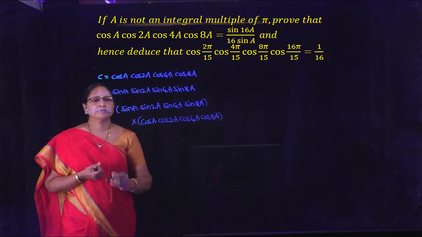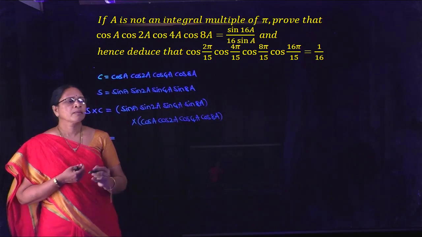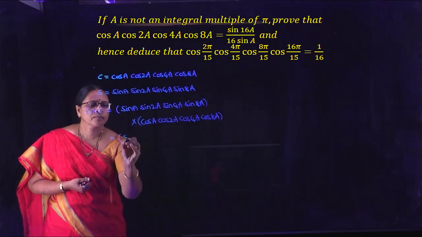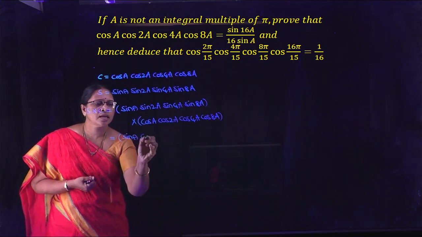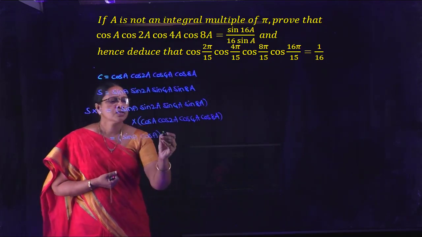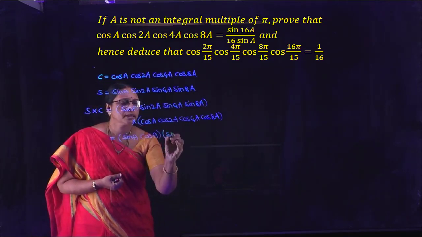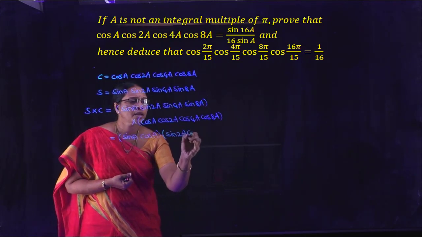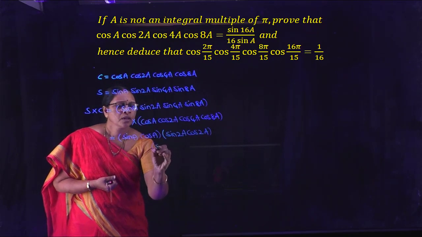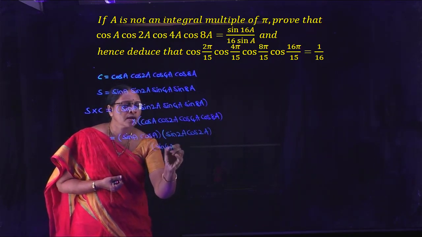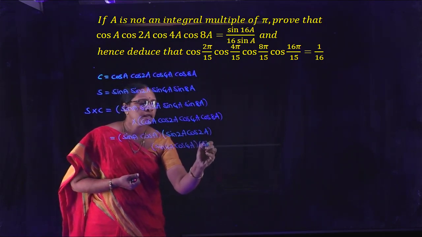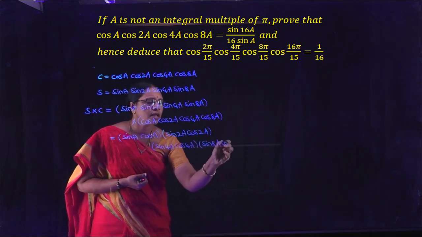That is equal to, take sin A cos A into one bracket, sin 2A cos 2A into another bracket, in the same manner sin 4A cos 4A, sin 8A cos 8A.